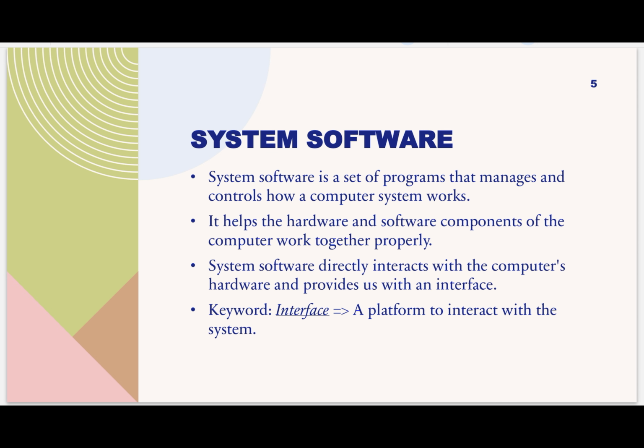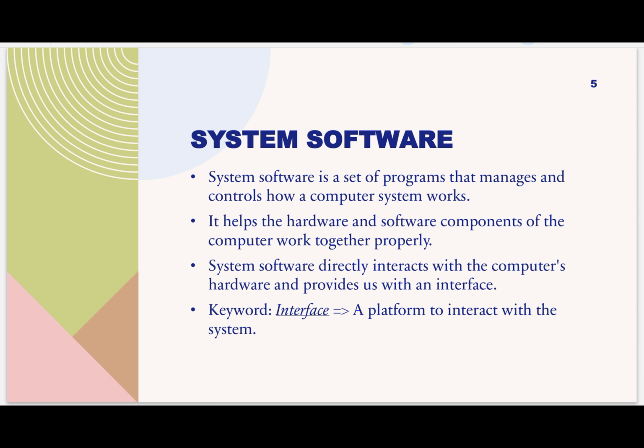Means as a manager, it looks after all our software components and hardware components, and they both merge and work together. Otherwise our software is working but hardware is not working, or hardware is working but software is not working. So system software is the basic need of our computer.